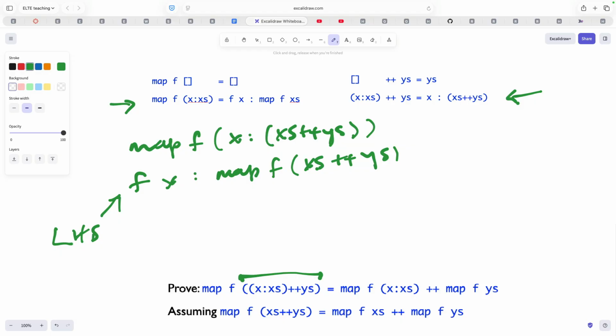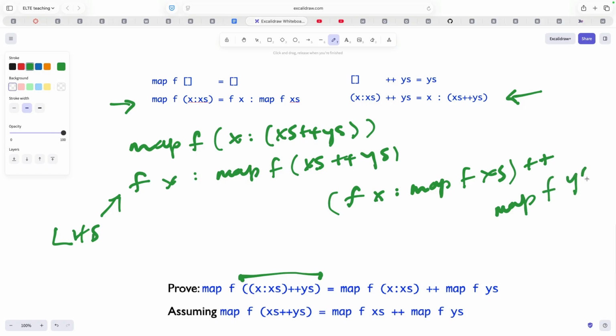What about the right-hand side? Here we have map f applied to x colon x's, which we know is f of x colon map f x's, and that is joined with map f y's.